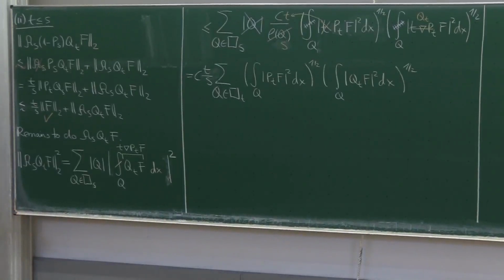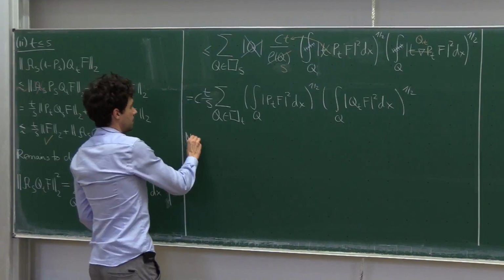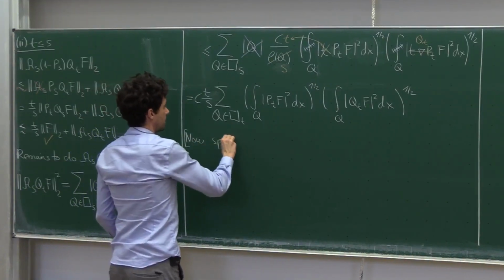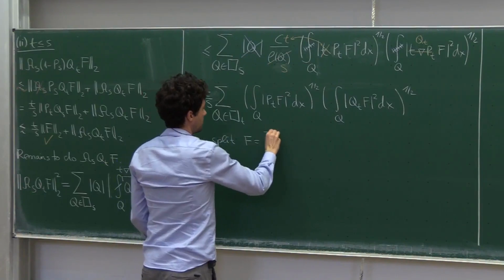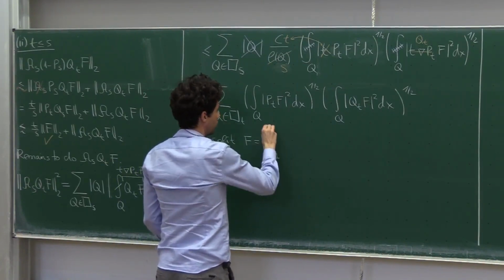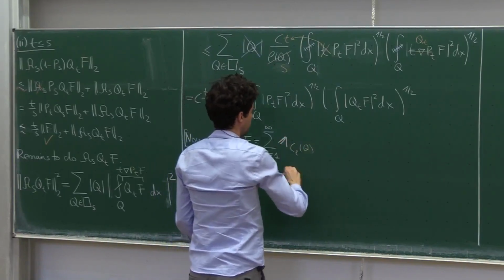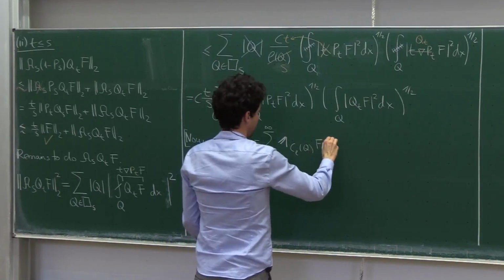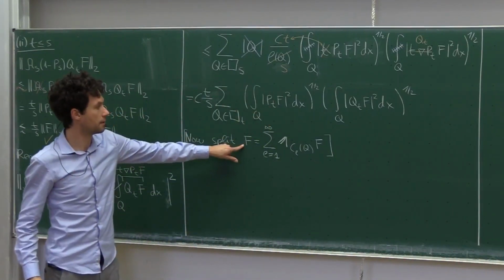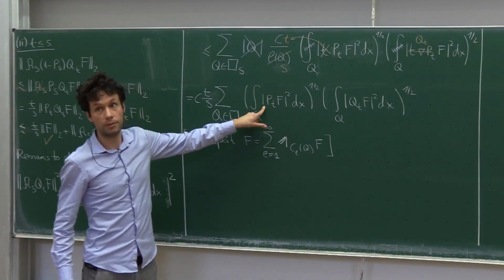Now I'm going to use off-diagonal estimates. Now I'm going to split f as the sum from L equals 1 to infinity of C_L Q times f. I split f like this. I have the L2 norm on Q here.